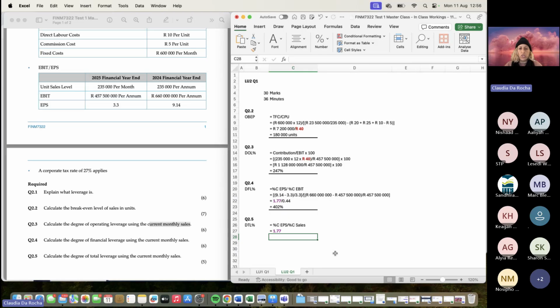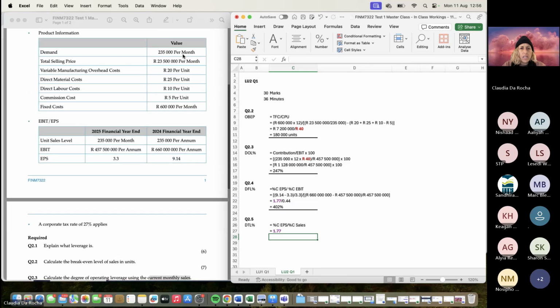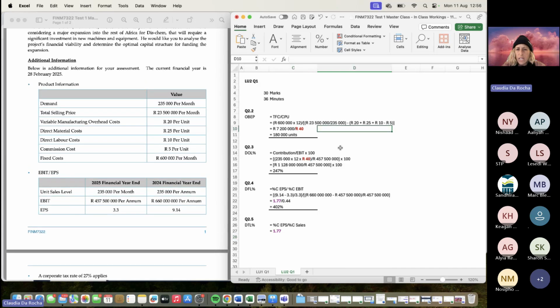Versus your percentage change in sales, we have to calculate that using the sales figures that we have. So we know that our sales is basically the value which we should have calculated earlier. I think it was here where we did our times our selling price, which is 2,3,500.